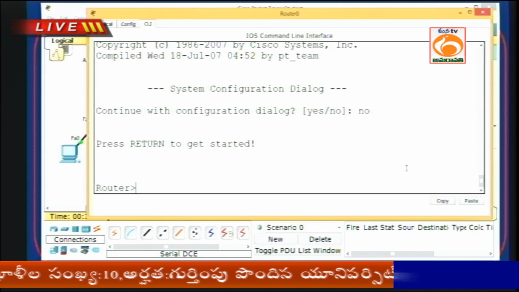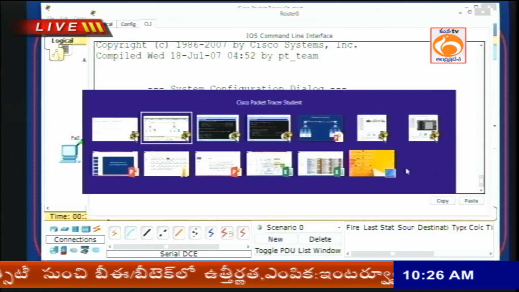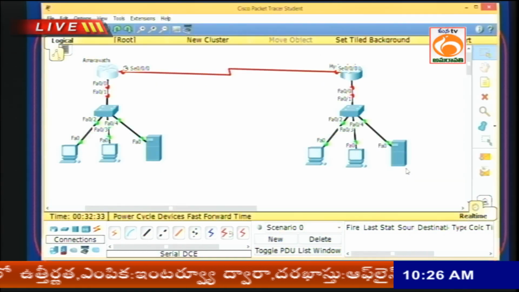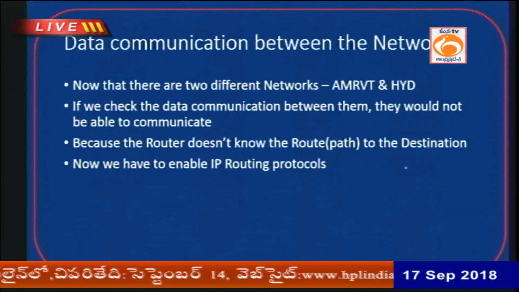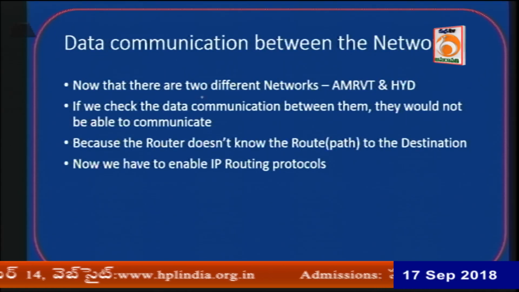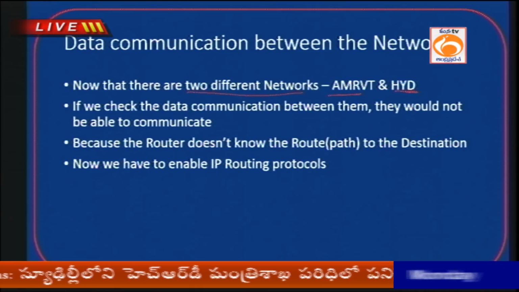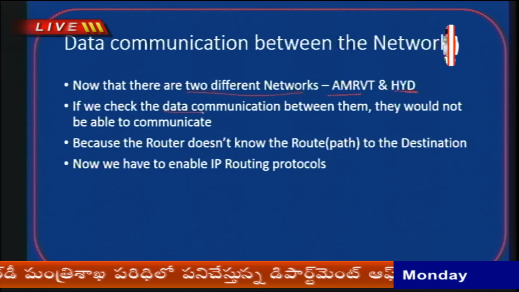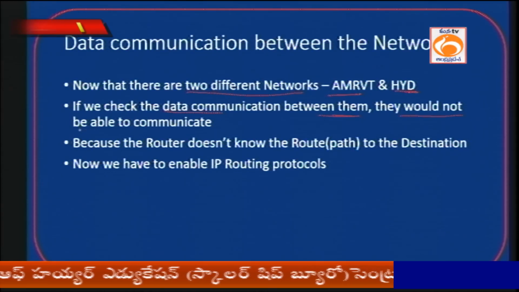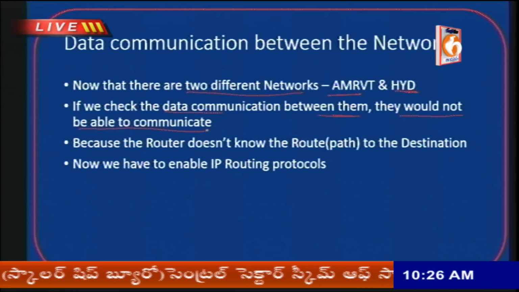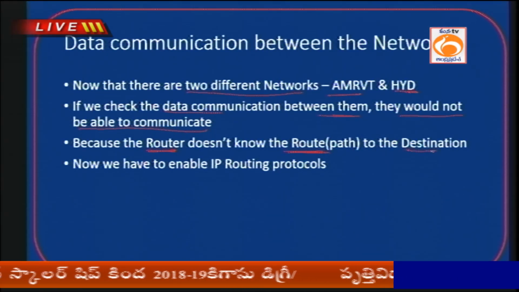There are different modes in the router to configure. So we have the list of commands that are to be used mentioned in this presentation that we have just had a look. So to configure this, we have taken two different networks. One is called AMRVT and other is called Hyderabad, two different networks. If we check the communication between the two networks and we verified that they were not able to communicate, already we have checked that just now, because the router does not know the path or the route how to reach the destination.